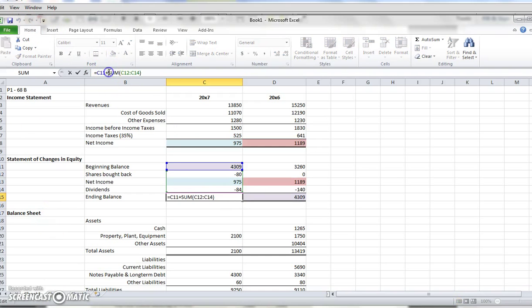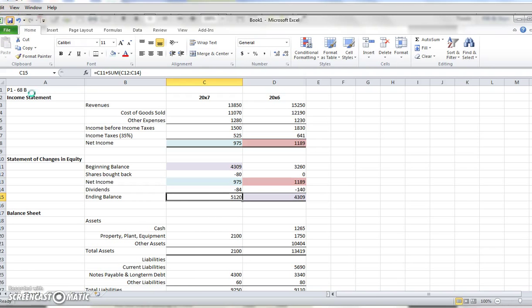Sorry, my apologies. It was C11, which is your beginning balance, plus the sum of all this. In other words, you're adding the net income, but you're also subtracting the shares bought and then the dividends. And so the amount here for your ending balance is 5,120. I'm sorry, this is in euros, but I'm not going to complicate it. So there's your ending balance.